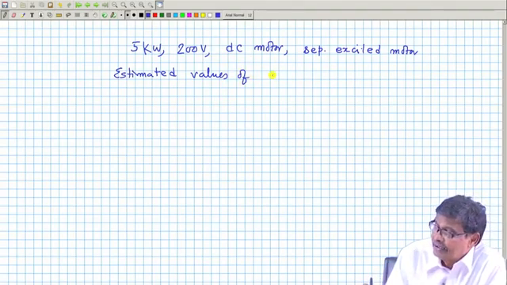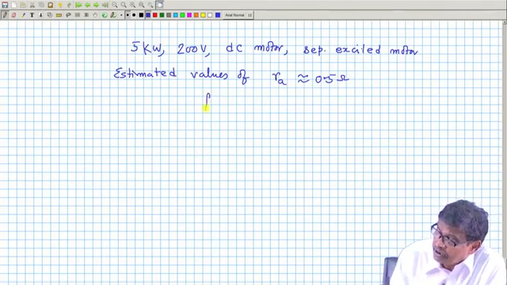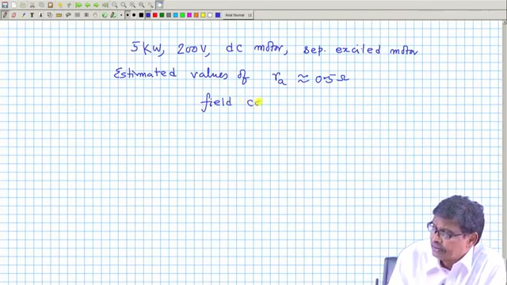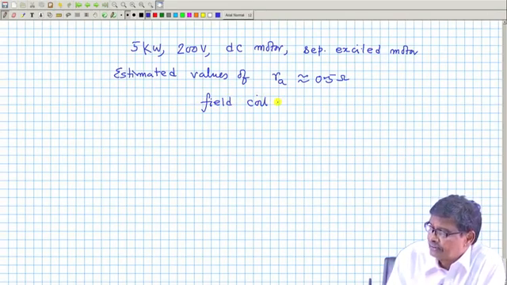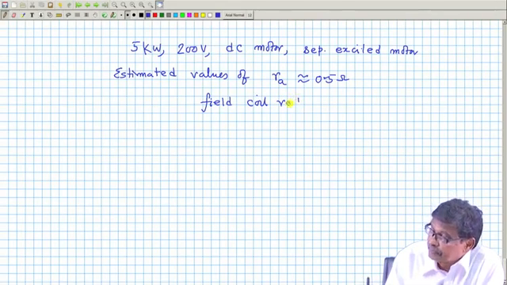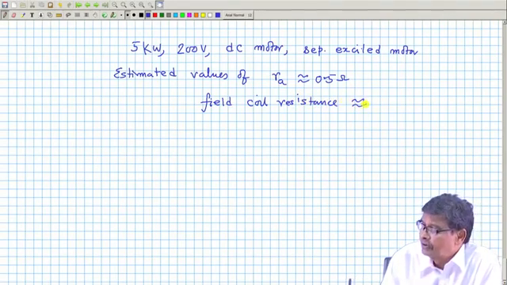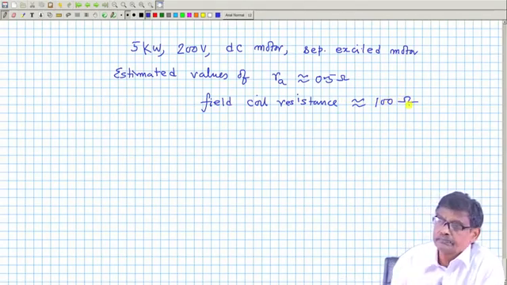The estimated value of RA is about 0.5 ohm, that is what we have found out. Field coil resistance, mind you it is no external resistance, field coil resistance is of the order of 100 ohms, like that.